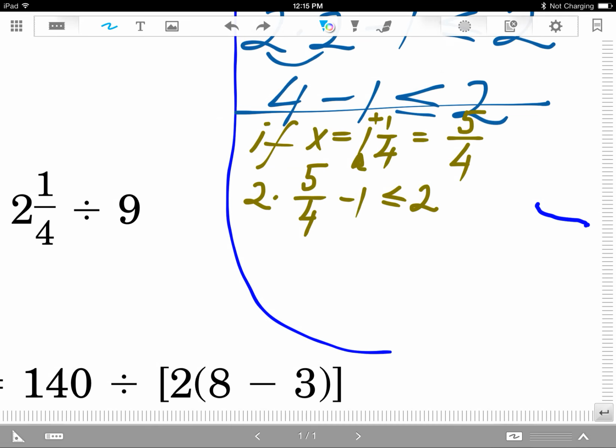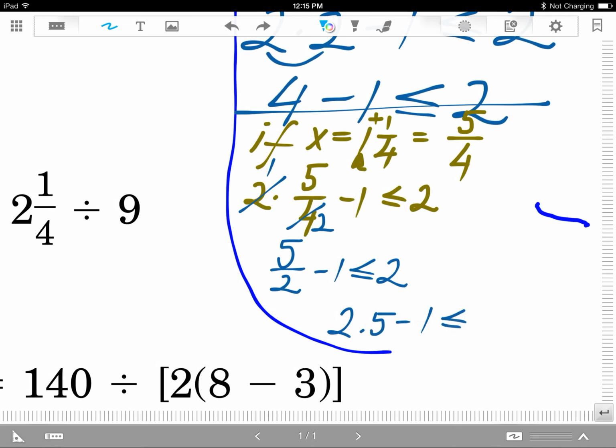Well, first of all, you can cross cancel here because 2 times 5/4 you can simplify by 2. 2 goes in 2 once, 2 goes in 4 2 times, and basically here you'll have 5/2 minus 1 less than or equal to 2. 5/2 is actually what? That would be 2.5. If you take 1 away from it, is that less than 2?